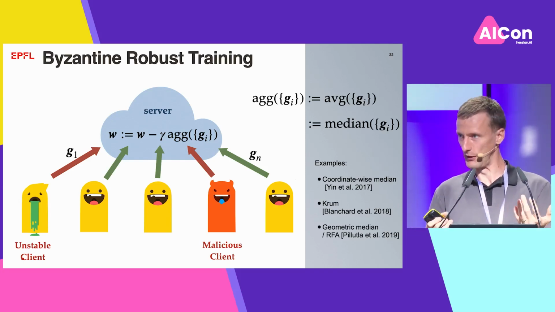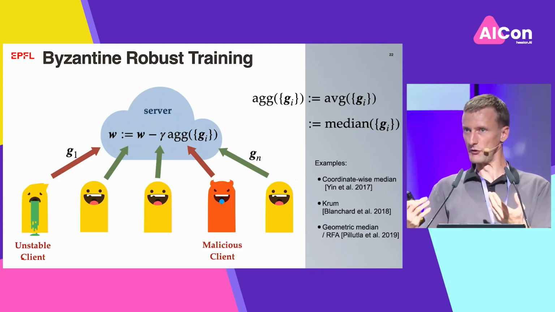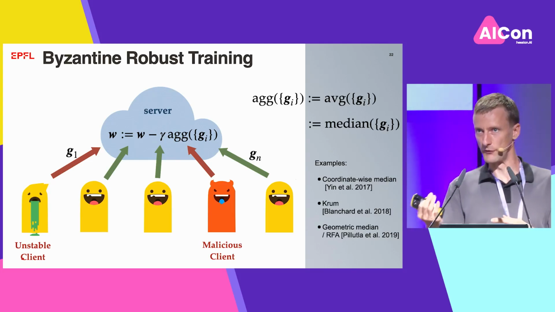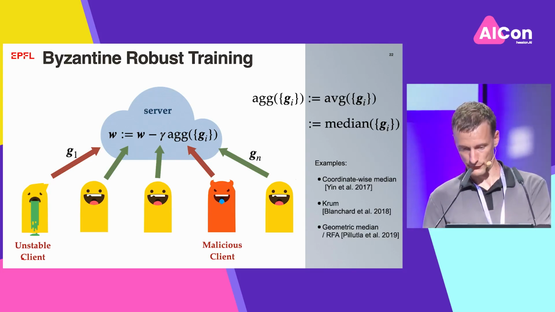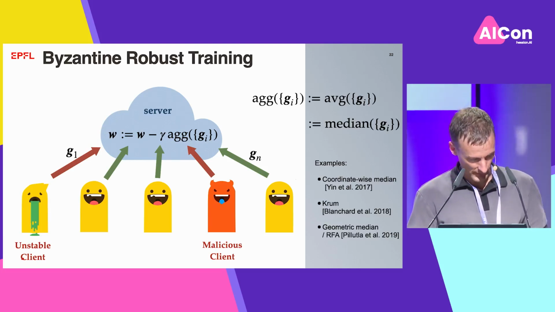Then it becomes even more funny, because depending on the graph topology, you might be surrounded by bad workers or not. Hopefully you have a connection to a few good workers as well, and good graph connectivity. So that is the Byzantine learning part.